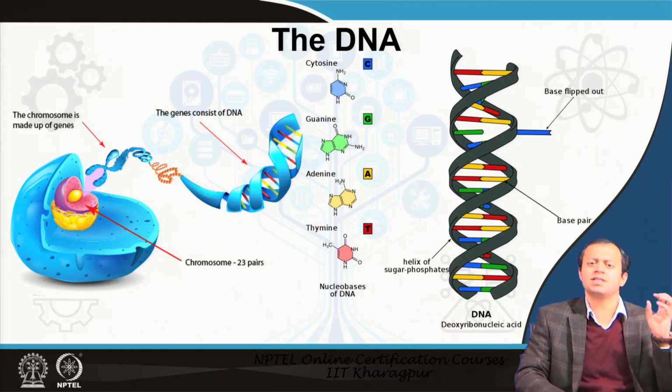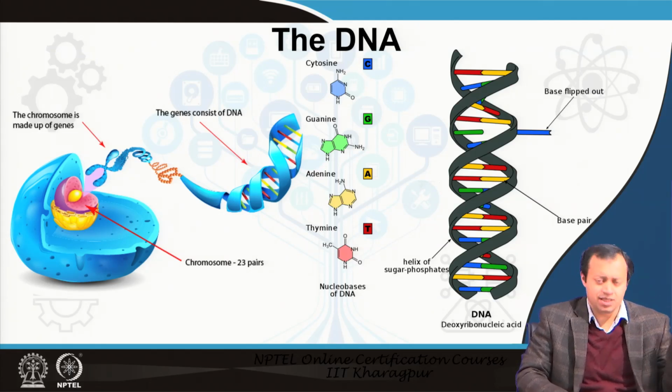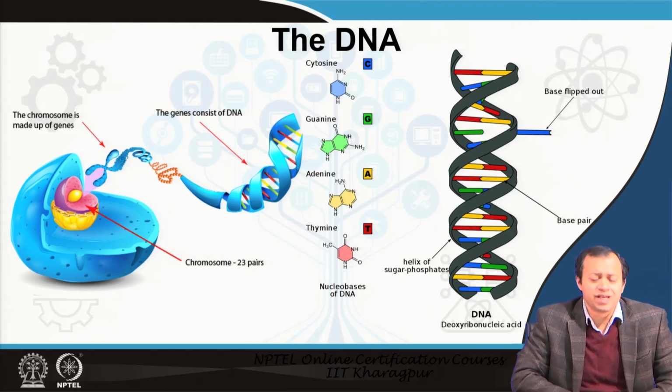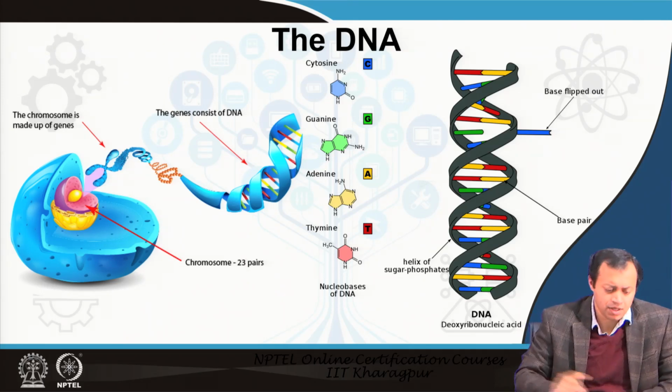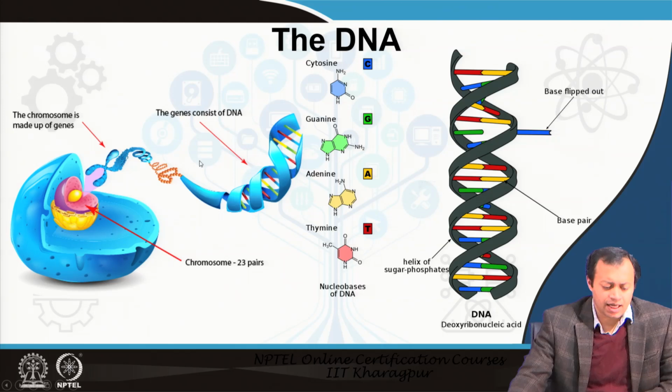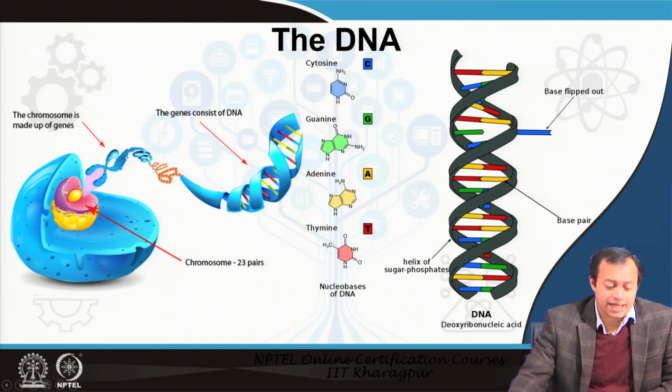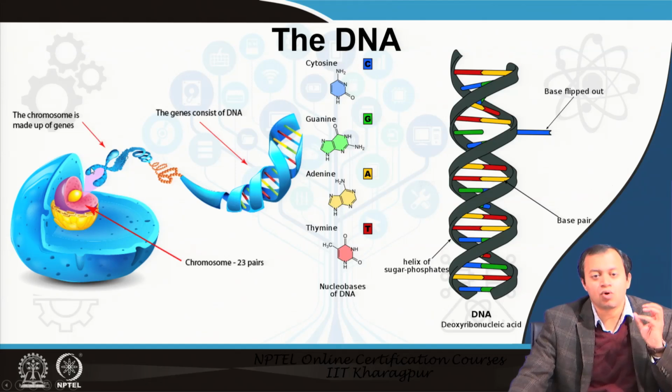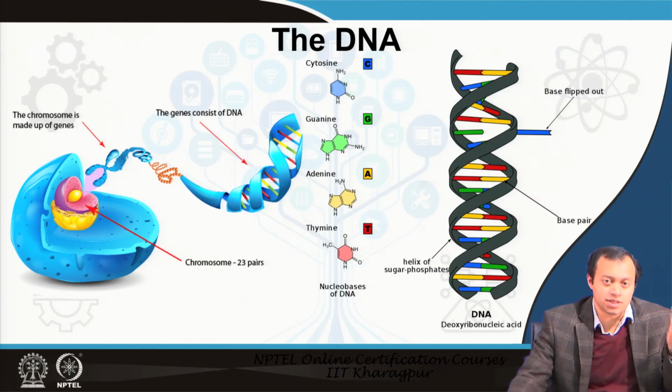But let us try to understand from a basic point of view what exactly DNA is. DNA stands for deoxyribonucleic acid, but what exactly is a nucleic acid and where is it found? As I told you, the eukaryotic cell contains the nucleus, the control center of the cell, that contains chromatin, and this chromatin basically contains DNA.